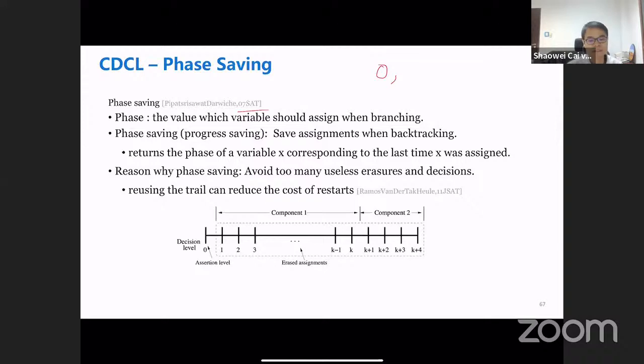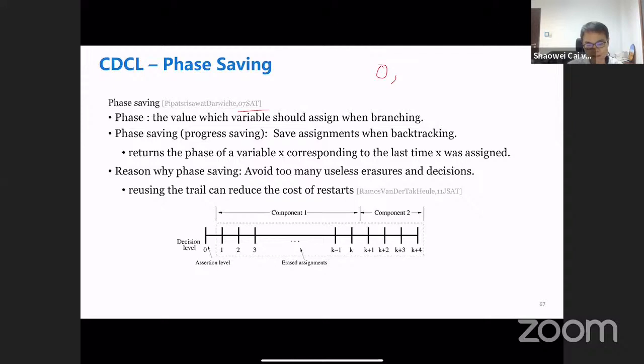Simply, this phase saving technique says that when we backtrack, we save the assignments for the current path, and then after we backtrack, we continue the CDCL search. Then next time when we pick the variable to branch, we simply assign the previous assignment.